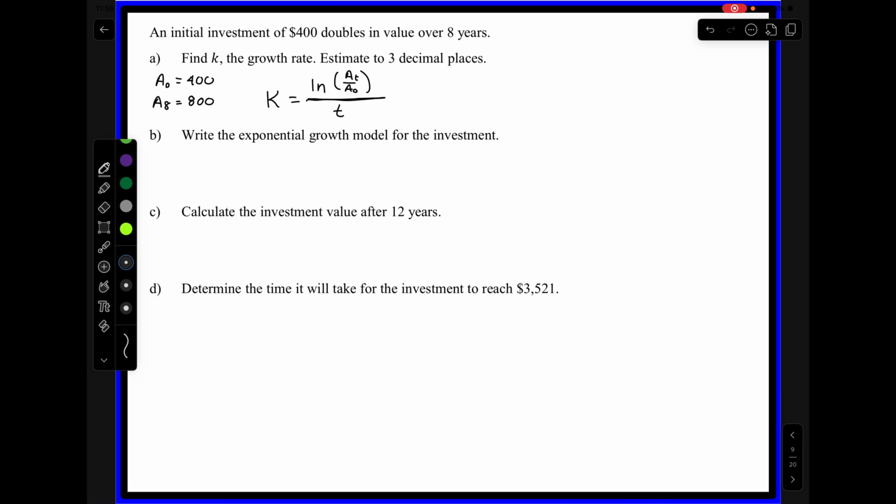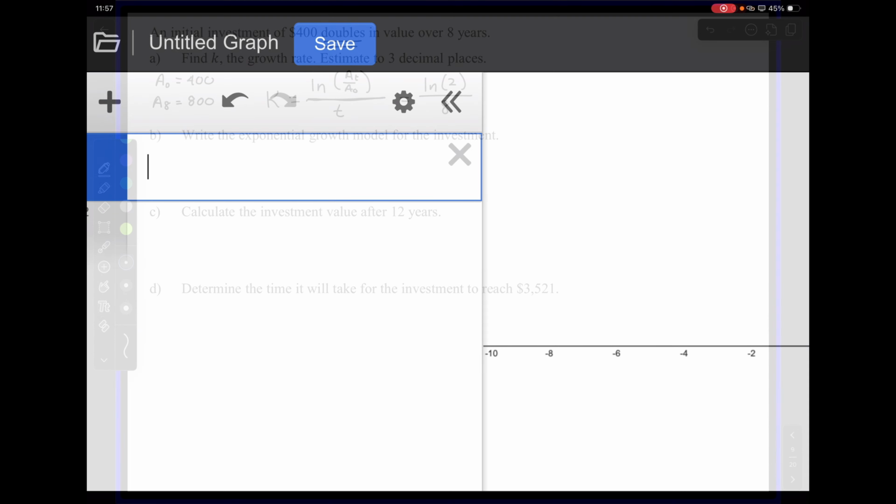So the ratio of A of t, which is A of 8, over A of 0, 800 over 400, simplifies to 2, again, doubling. So we're going to simply take the natural log of 2 and divide it by the time, which is 8 years. So let's plug this into Desmos.